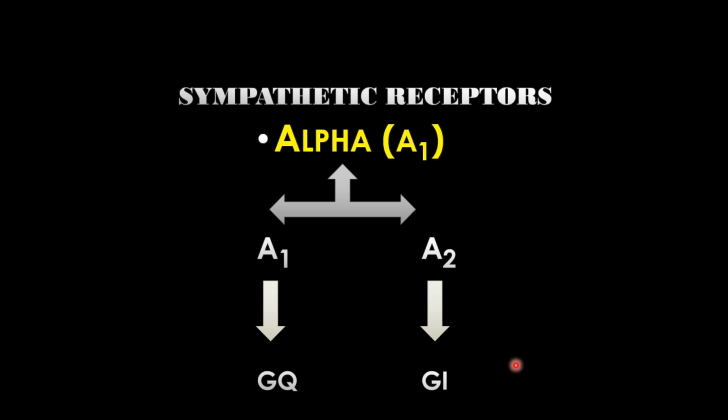And as I have just discussed, the alpha 2 receptor is present presynaptically, and they are the autoregulatory receptors, and they create inhibitory signals to control the release of the neurotransmitter in the synaptic cleft. What about the alpha 1 receptors?